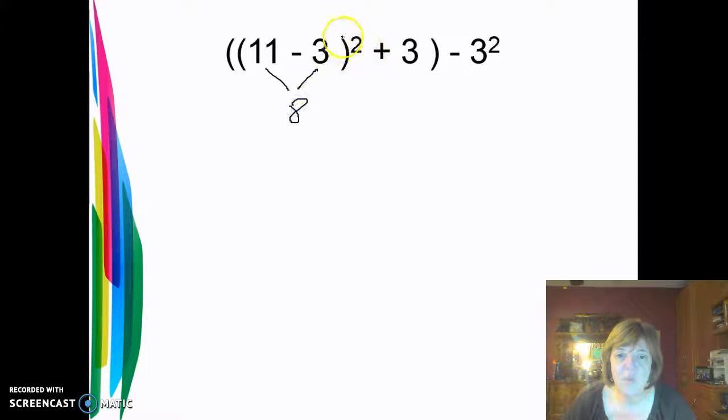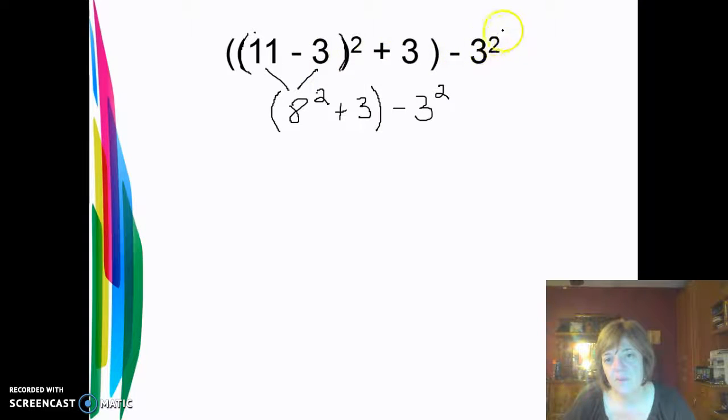Notice whatever happens inside these parentheses right here is getting squared. So I've got an 8. I am going to square it. Okay, 8 squared. I want you to copy the plus 3. We're going to keep our parentheses because look out here, we have a minus 3 squared.